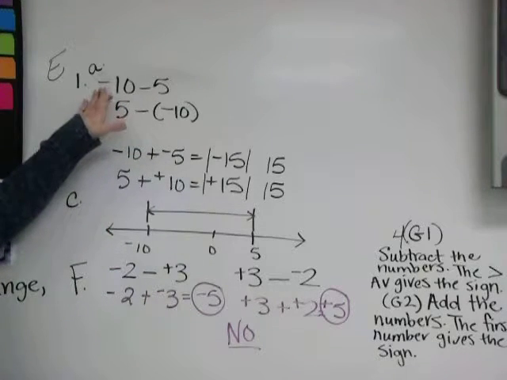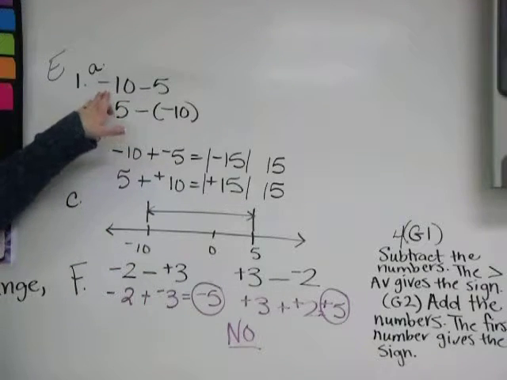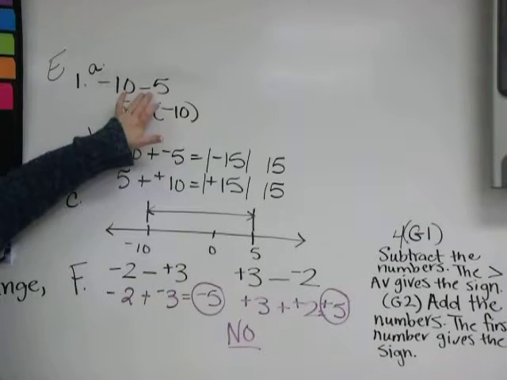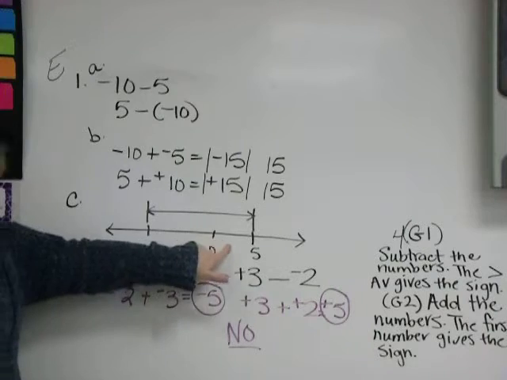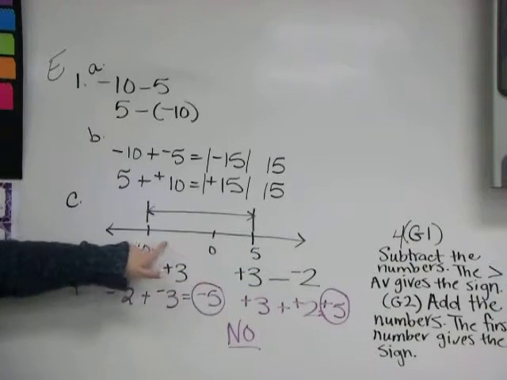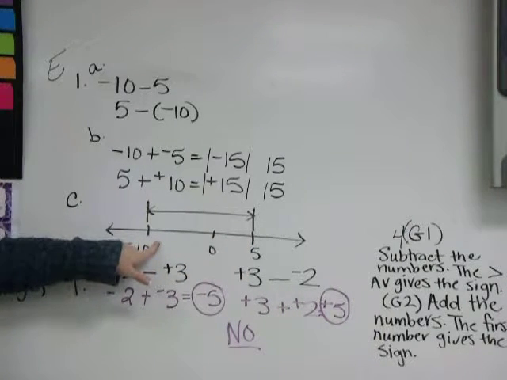So an expression will be negative 10 subtract a positive 5, which will give you that 10 plus 5, a 15-point difference between these two numbers on the number line. Or I could write it a different way.